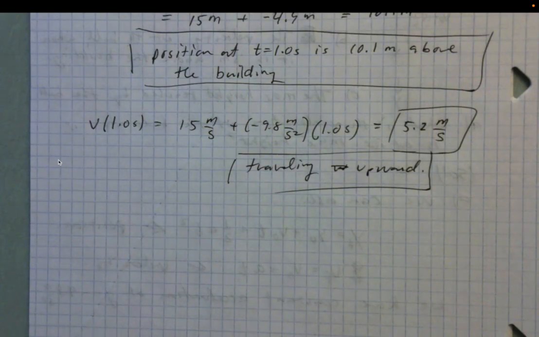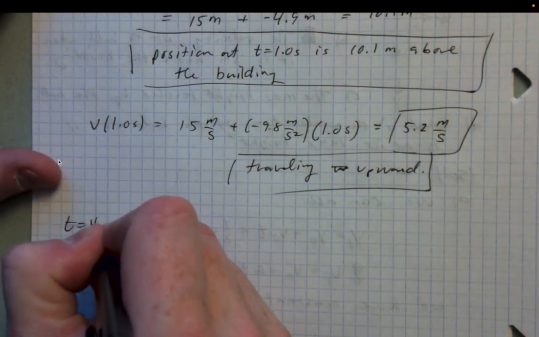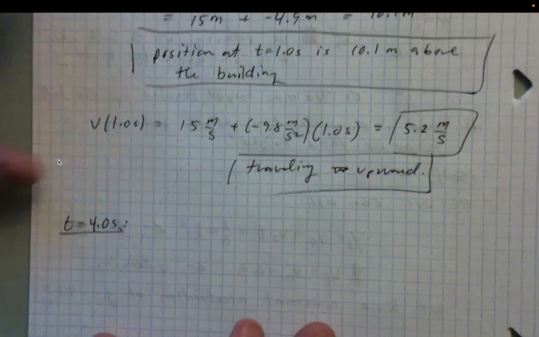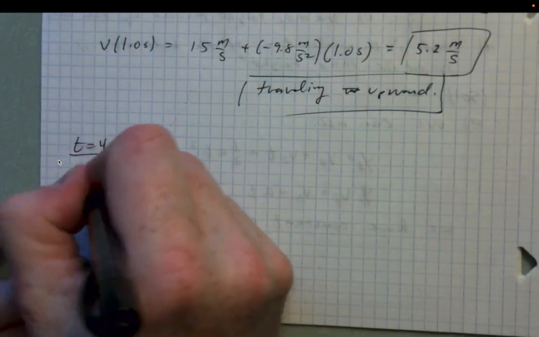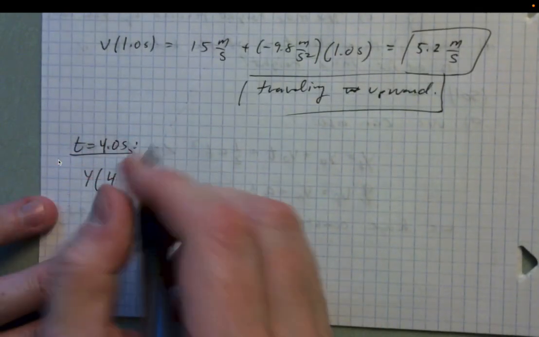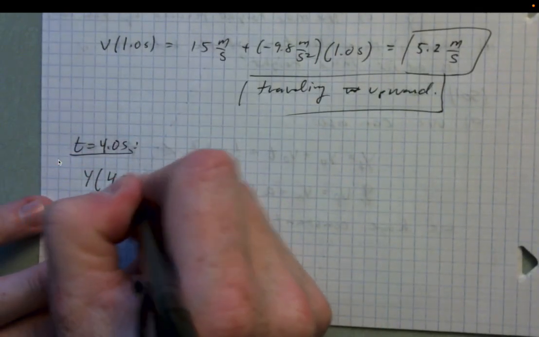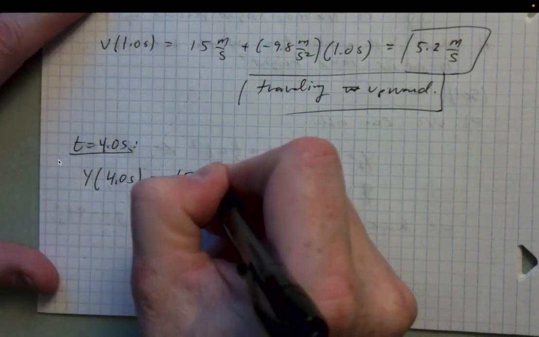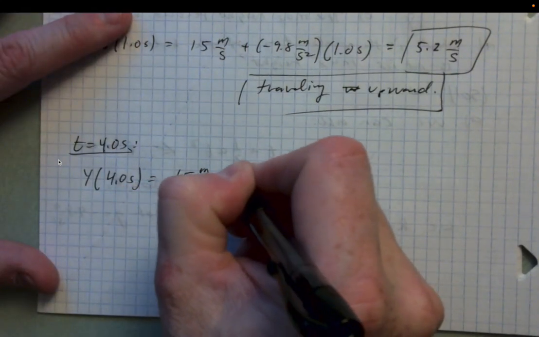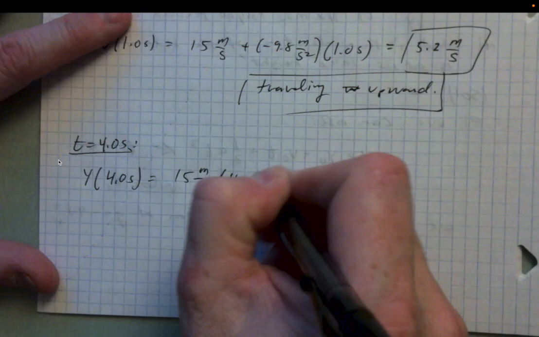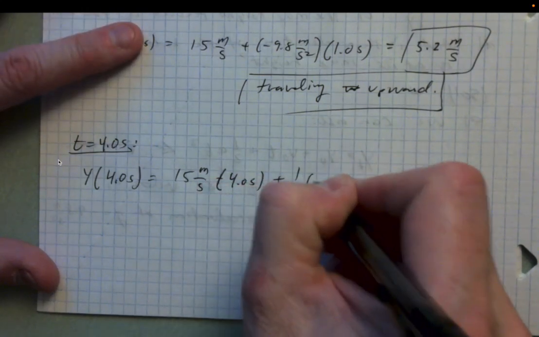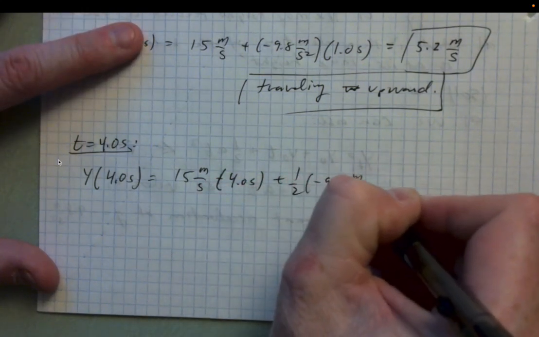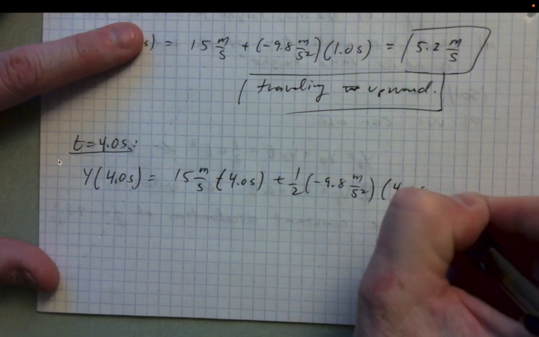Okay, now what about 4 seconds? Well, the position at t equals 4 seconds is 15 meters per second times 4.0 seconds plus 1/2 negative 9.8 meters per second squared times 4 seconds squared.